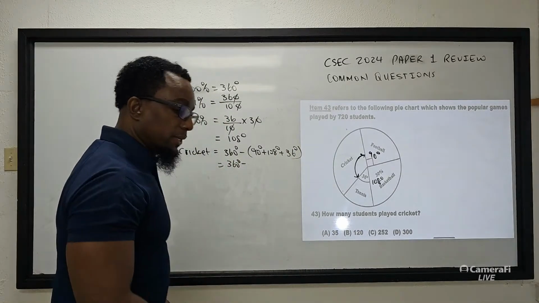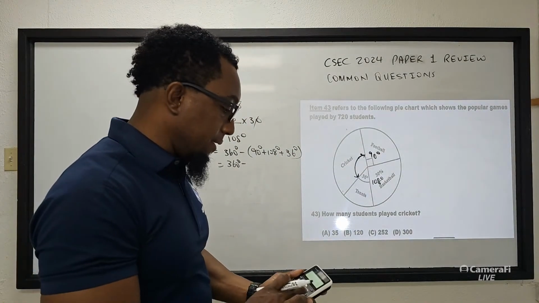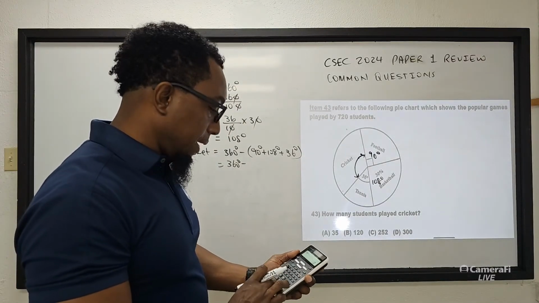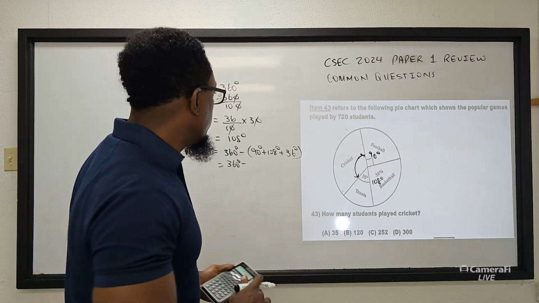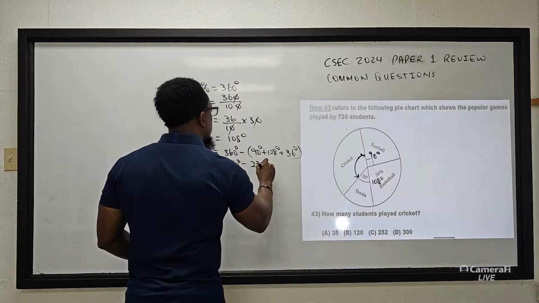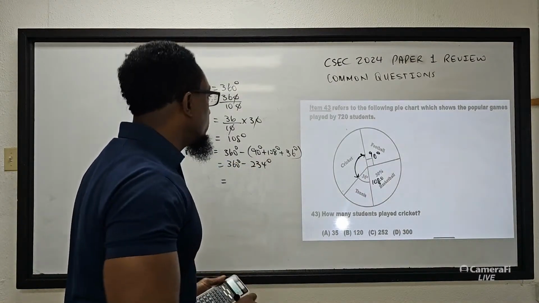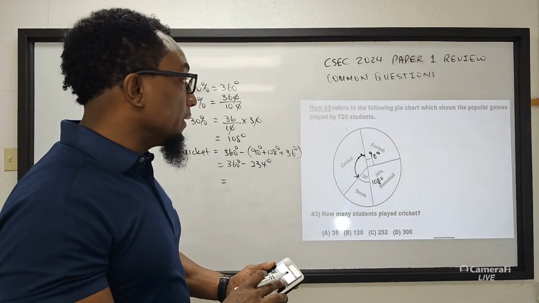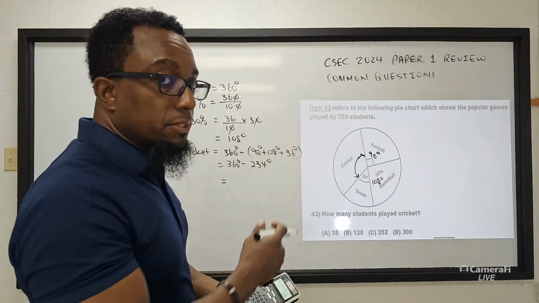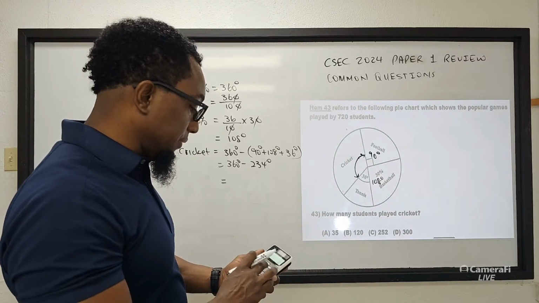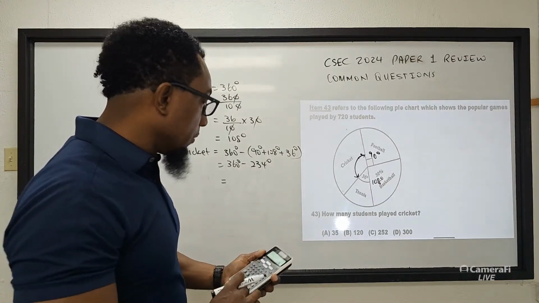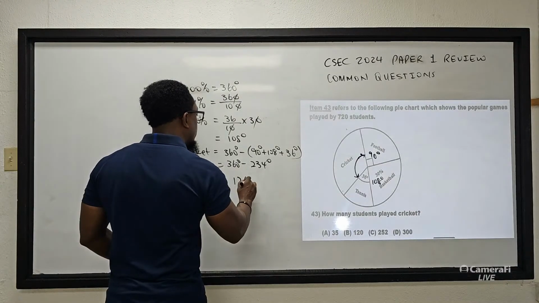So that is 360 minus the bracket 90 plus 108 plus 36, which gives me 234 degrees. Let me subtract 234 from 360 so I can determine how many degrees my sector cricket represents. That is 360 subtract 234, which gives me 126 degrees.